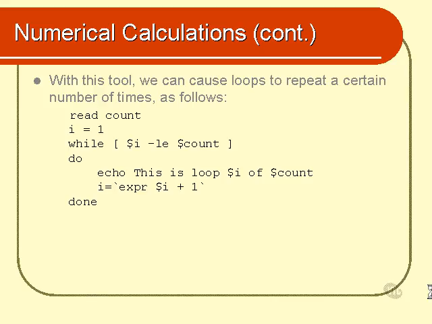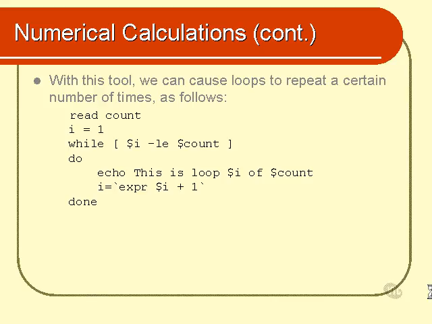Then we set our loop counter to be equal to 1. And I've made a little mistake there on the screen. There's not supposed to be any spaces around that equal sign, but let's assume that I equals 1 there. And we now use the numerical facility built into the test program. Test is quite capable of comparing two numbers to see if one is greater than or equal to or less than the other one.